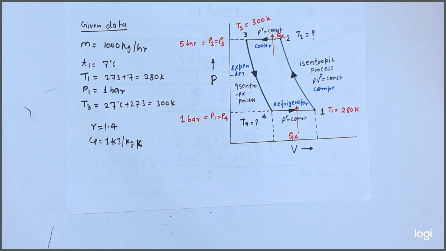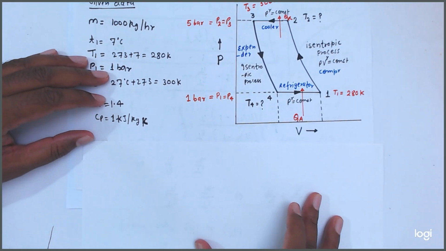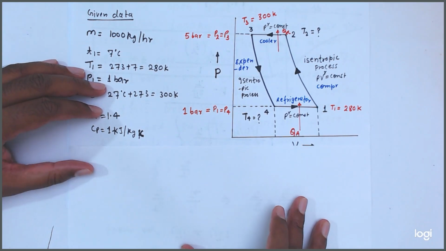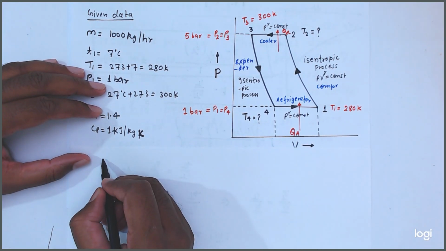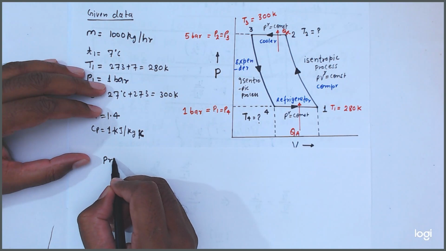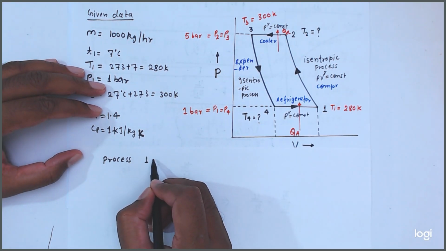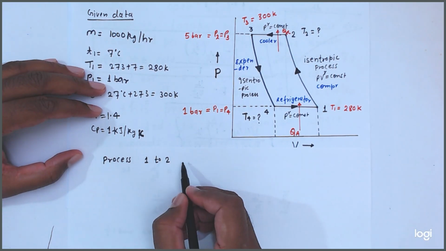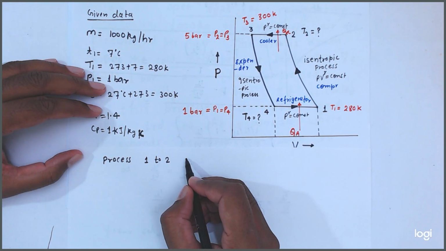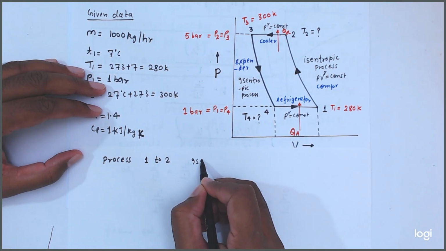So friends, process 1 to 2, what is process 1 to 2?